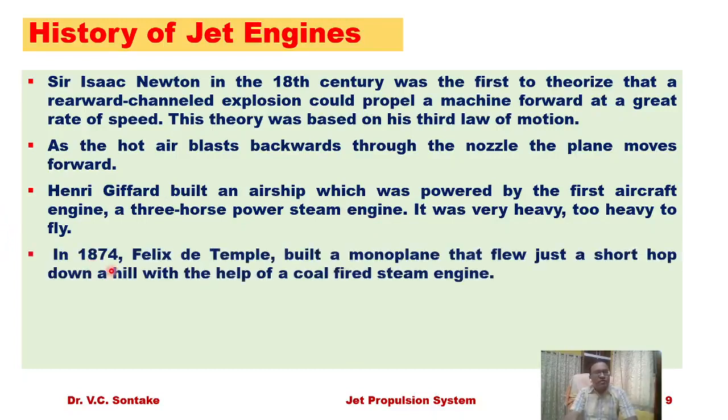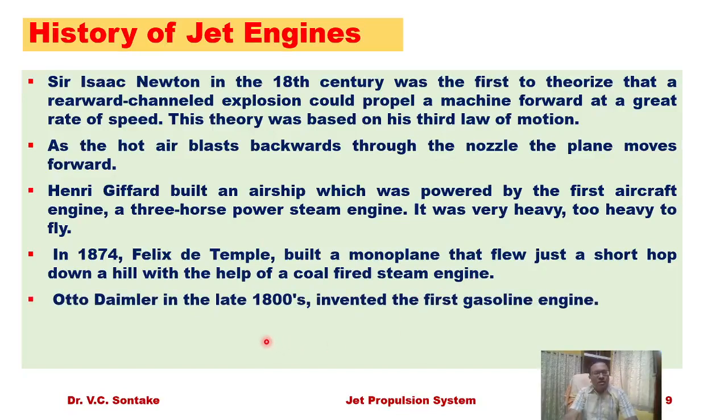In 1874, Felix de Temple built a monoplane that flew just a short hop down a hill with the help of a coal-fired steam engine. So this was another attempt to move a jet propulsion system based upon a coal-fired steam engine. Once again here the steam jet was used to propel the system in the forward direction.